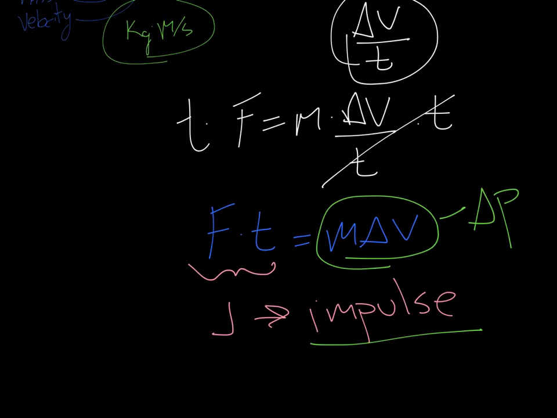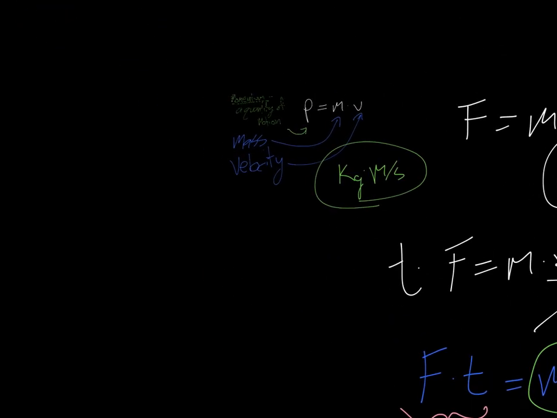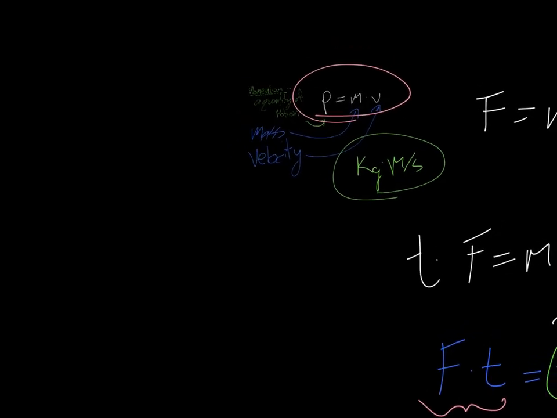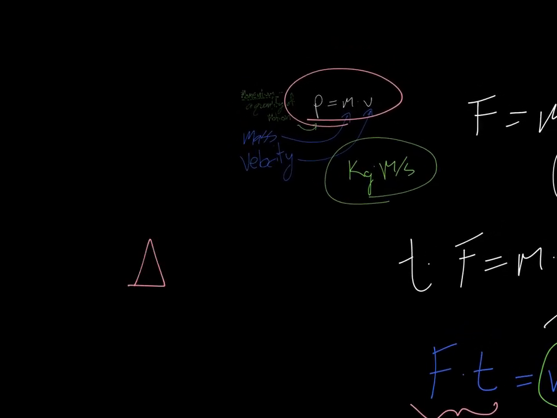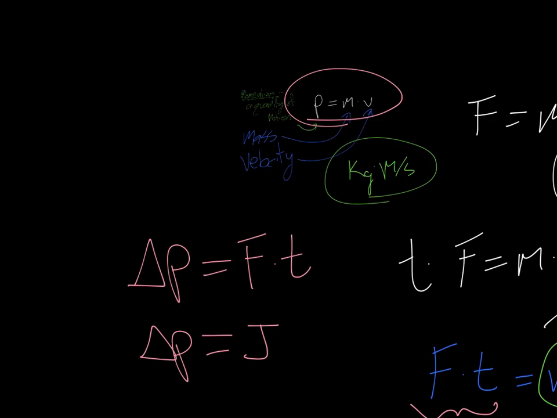So the momentum equation, P equals m times v, tells us that a change in momentum comes from a force times a time, and that force times the time is our impulse, J, which is our change in momentum.